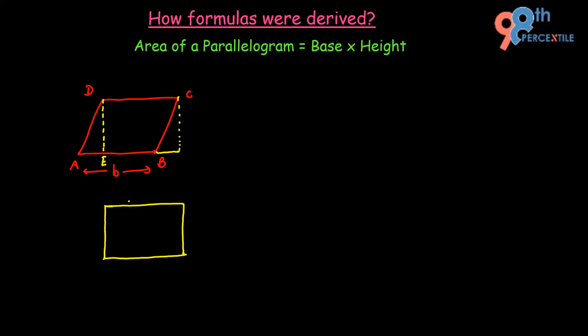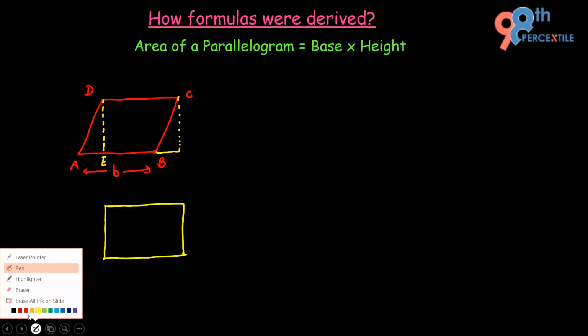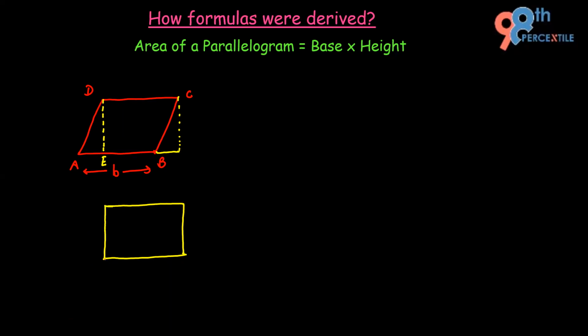You can take a piece of paper, draw a parallelogram, cut out a triangle, and place it over here. You will see that you get this figure, and this figure is nothing but a rectangle. So this point is now E, this is D, this is C, and let's say this point is F.